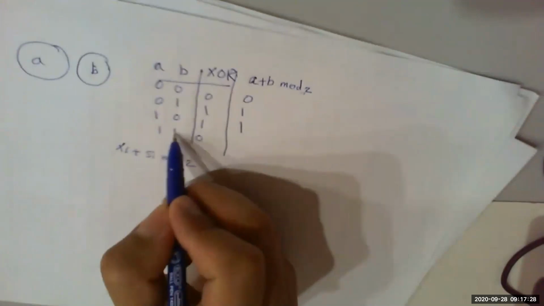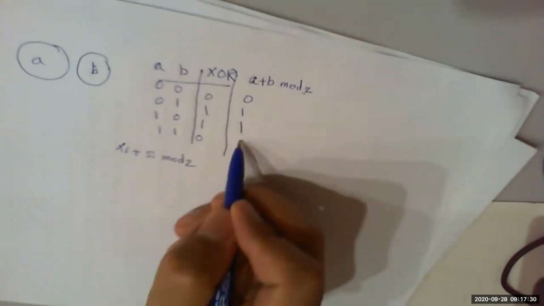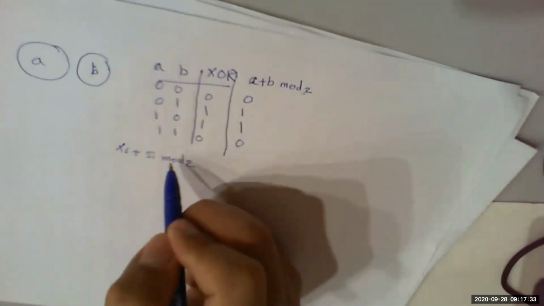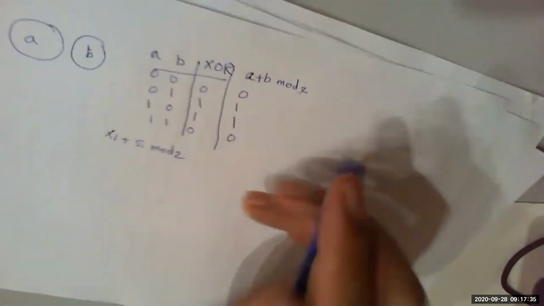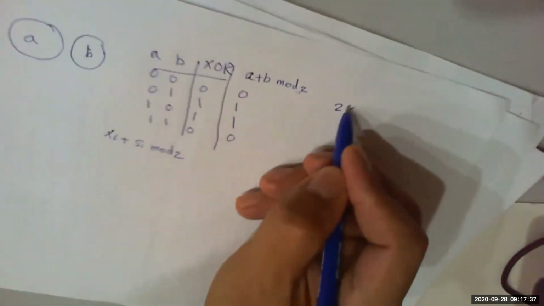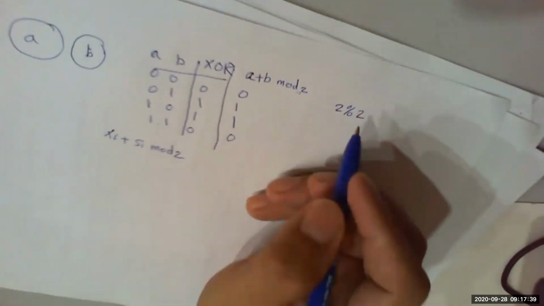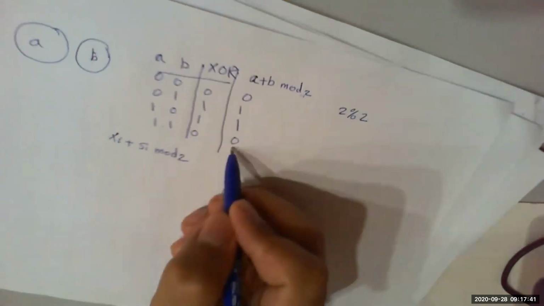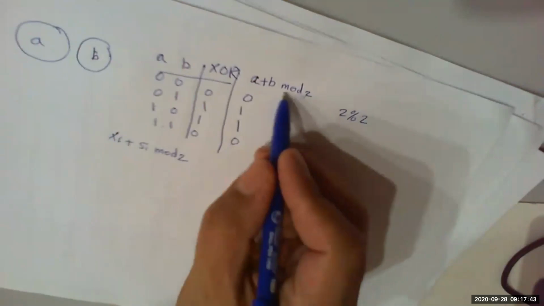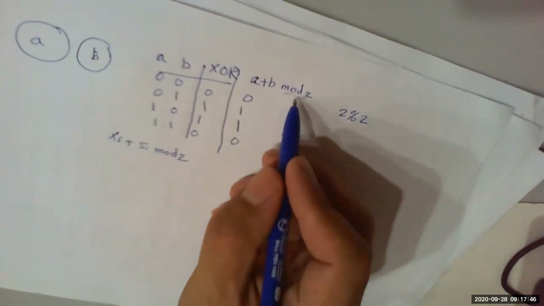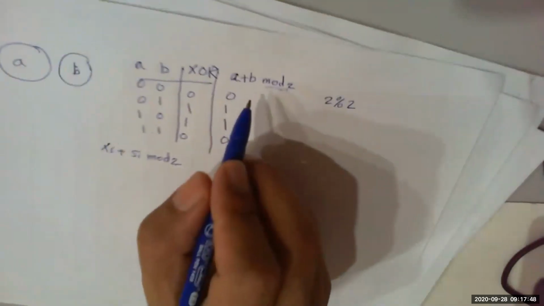And 1 plus 1 equals 2, and 2 mod 2 will lead to 0. There is no remainder when we divide 2 by 2, so the remainder is 0. The mod concentrates on the remainder, so take care of this.